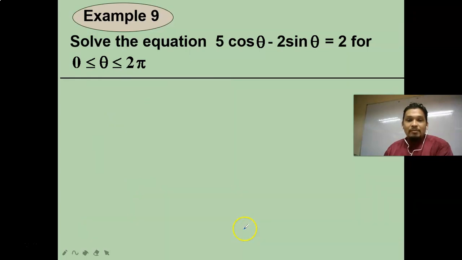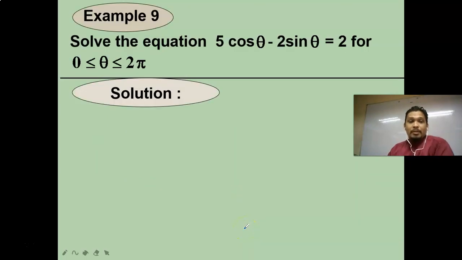Okay, so now Example 9. Let t equal to tangent theta over 2.